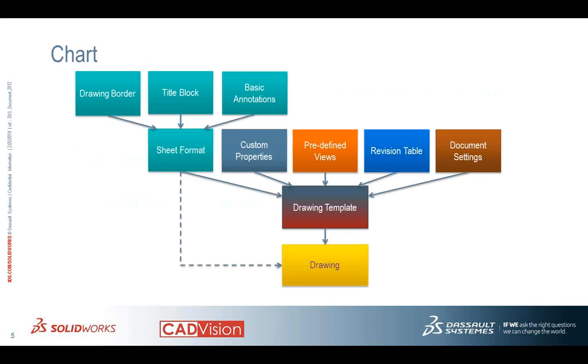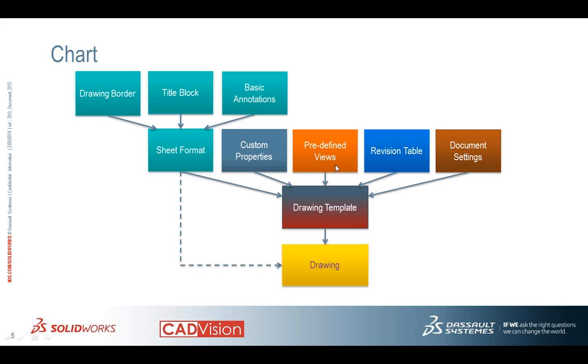So this is a simple chart. It shows all the relations between each other. Drawing borders, title box, and notation are set inside the sheet format. In the drawing templates, you can set the document custom properties like descriptions, part number, and so on.